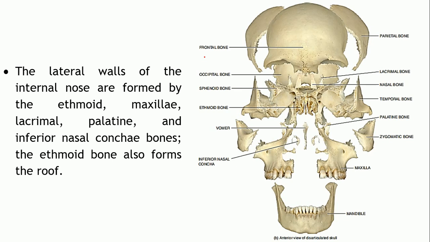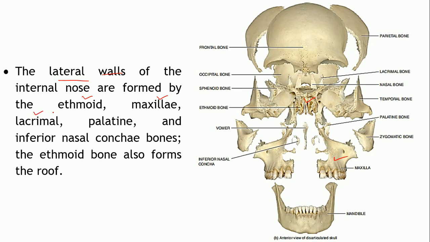Okay. Now, the lateral walls of the internal nose. That is formed by several bones. You all must have studied about these bones of the skull, that is the ethmoid bone, which is located over here, this one. Then the maxillae, that is the one.